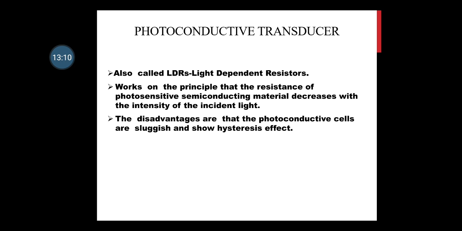It works on the principle that the resistance of the photosensitive semiconducting material decreases when the intensity of the light incident on it increases. That means as the light increases, more current will flow, and as the light decreases, less current will flow. The disadvantage is that photoconductive cells are sluggish and show a hysteresis effect.